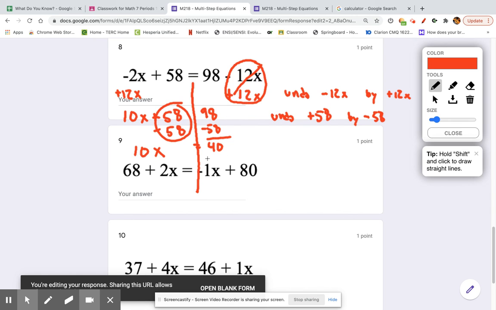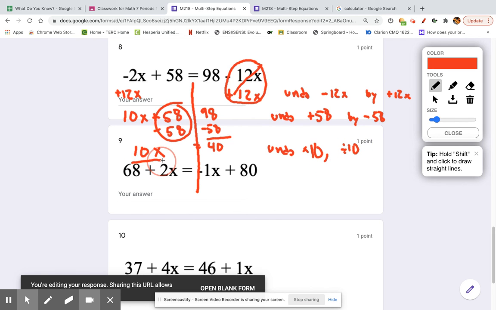All right. Now we need to get rid of this 10. And this 10 is being multiplied by the x. So to undo multiplying by 10, we need to divide by 10. Okay?